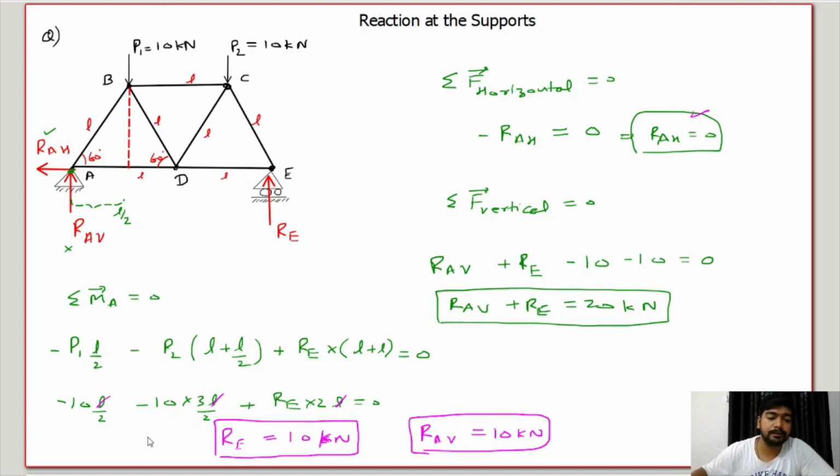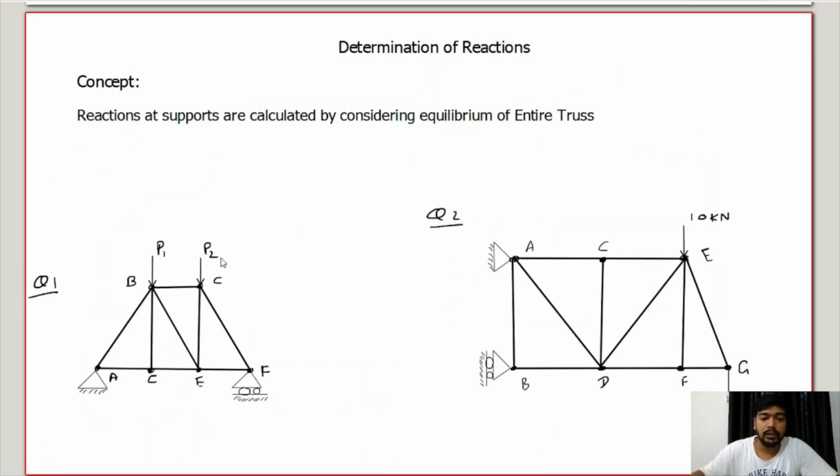Next example, this one, right? ओके, हाँ, मेरे दिमाग में क्वेश्चन आया. आप इसको ऐसे भी कर सकते हो, आप खुद करके देखना. एक लोड इसका यहाँ माउंट कर दो 10 किलोन्यूटन का, एक लोड यहाँ माउंट कर दो 10 किलोन्यूटन का, right? You just practice this, I will tell you the answer. ये आपका 10, this is the 10 kilonewton, 10 kilonewton.